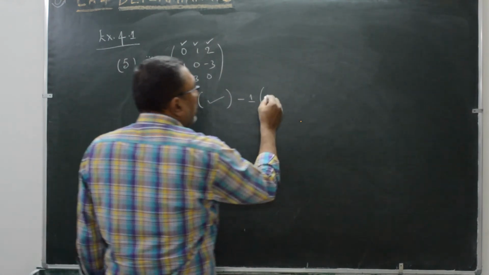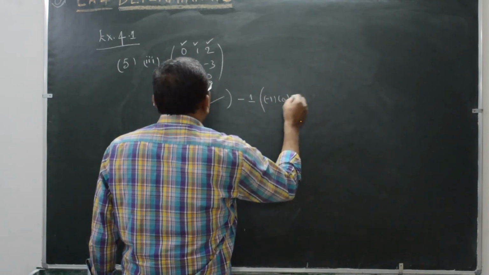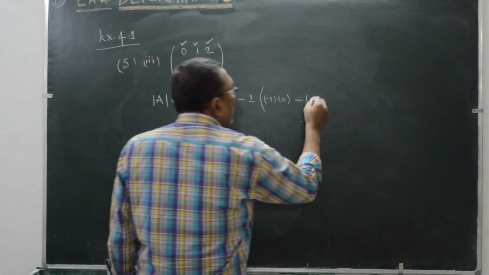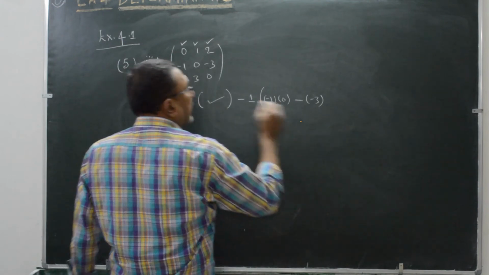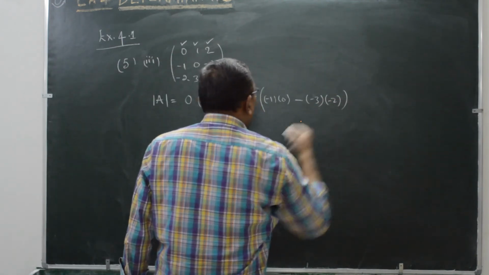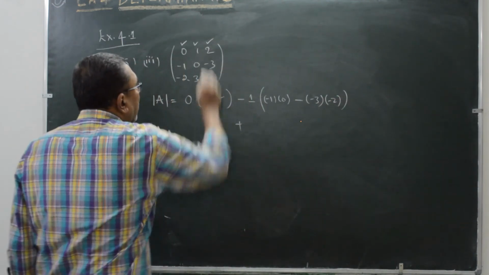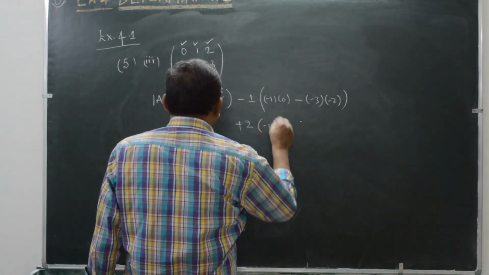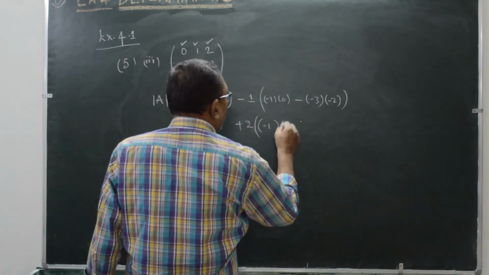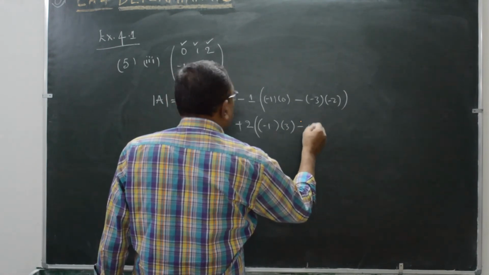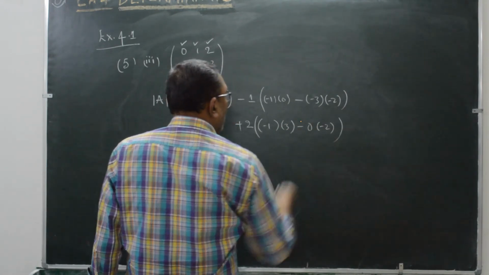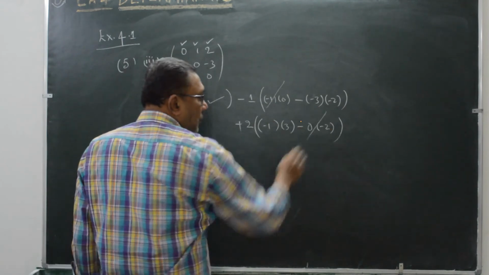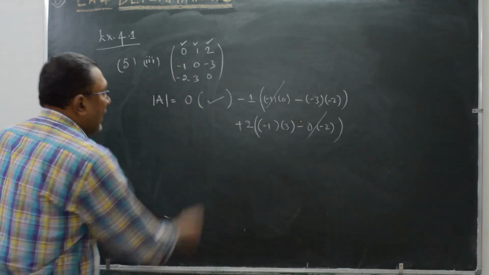minus 1 into 0, minus 1 into 0 minus 3 into minus 2, okay. And the third one, from 2, it is minus 1 into 3 minus 0 into minus 2. So, no value here, no value here also, and no value here.